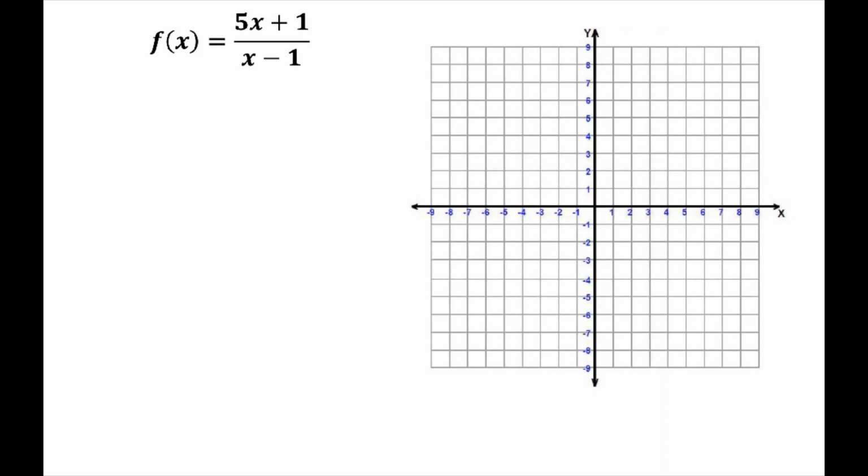Now let's try this question here. This is a rational function, (5x + 1)/(x - 1), and again we are going to follow the same steps we have done before.